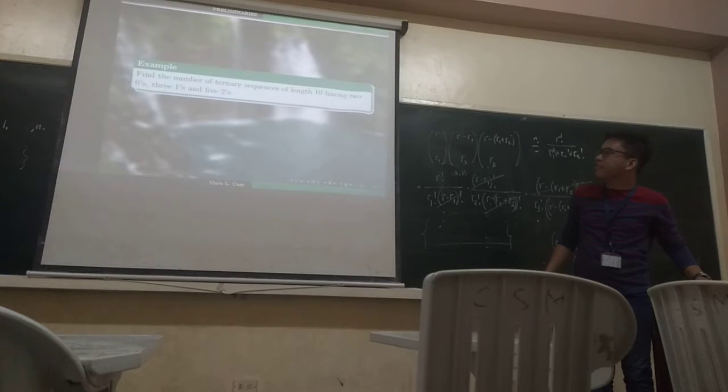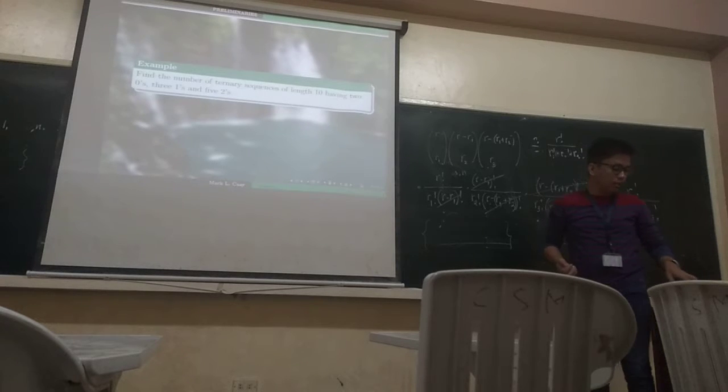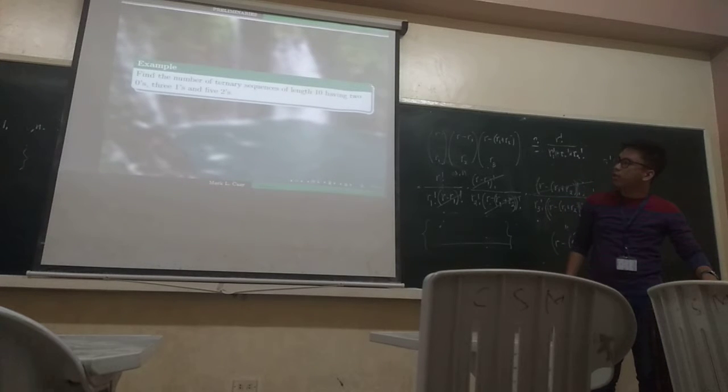Okay, so this is an example. Find the number of ternary sequences of length 10 having 2 zeros, 3 ones, and 5 twos. Can you give one example before you attempt to solve the problem?